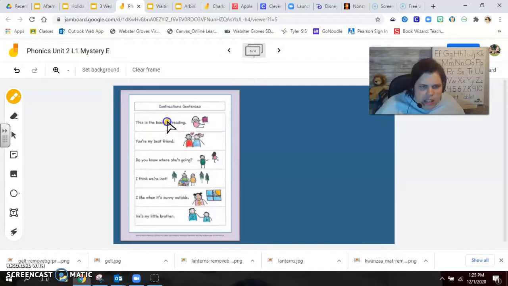All right, I'll just use my laser pointer. So we're going to take a look at this word right here. I'm. This is the book I'm reading. So what I want you to do is think for a second about the word I'm. What two words do you think go together to make that contraction?